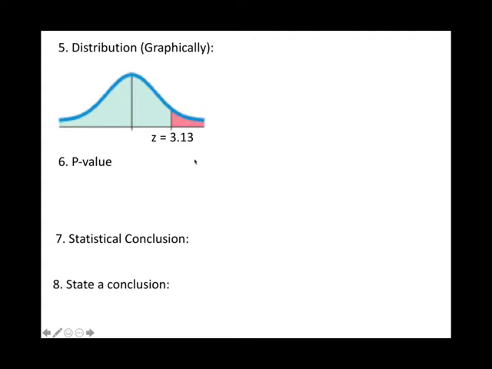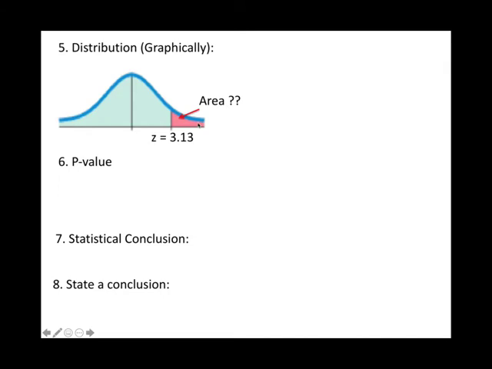Okay, we are using the p-value method. So we use the test statistic to figure out the area of the right tail. This is going to be equal to your p-value.